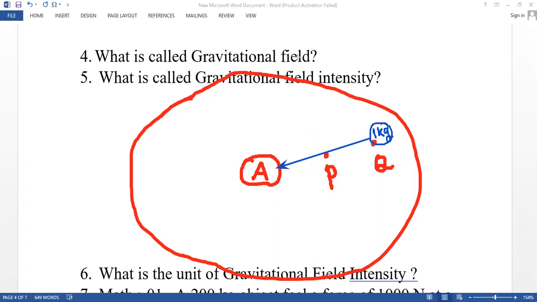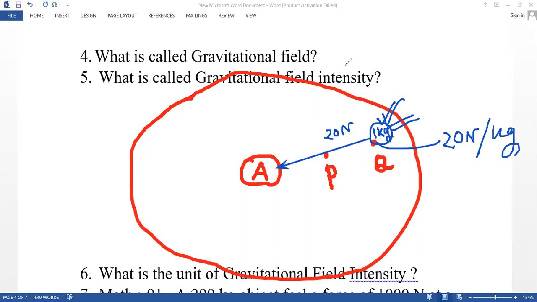So how much force is felt by the 1 kg object at the point Q? Say the 1 kg object feels 20 Newton of force. So the intensity of this point is 20 Newton per kg.